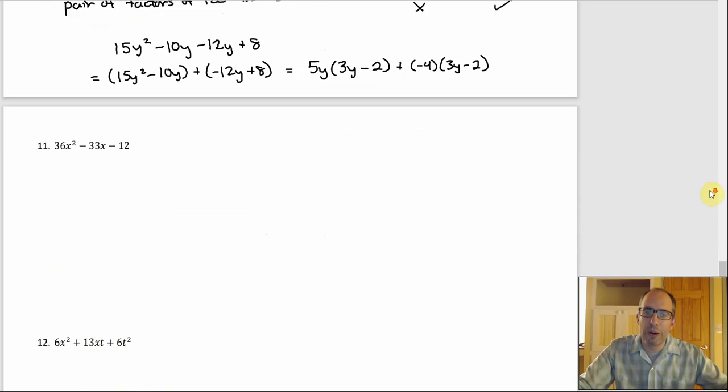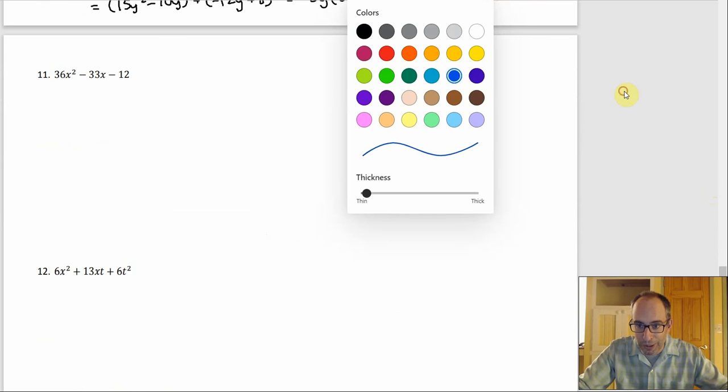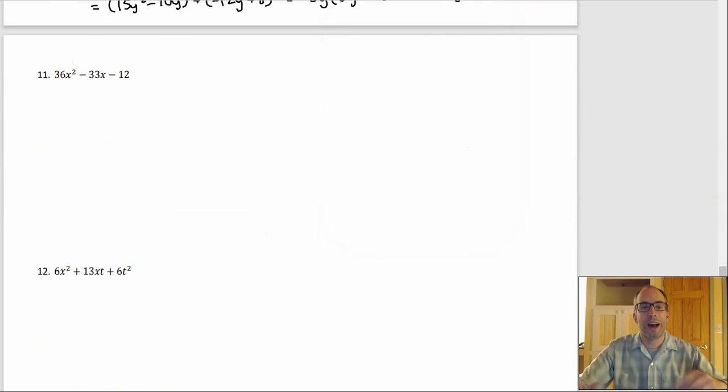This one, my first thought when I see that 36x squared is, oh no, right? Because that's a lot of options for x squared. Could be a 6x with a 6x, could be a 9x with a 4x, could be a 12x with a 3x, could be a 36x with an x, but look at this, 36, 33, 12. Those are all divisible by 3.